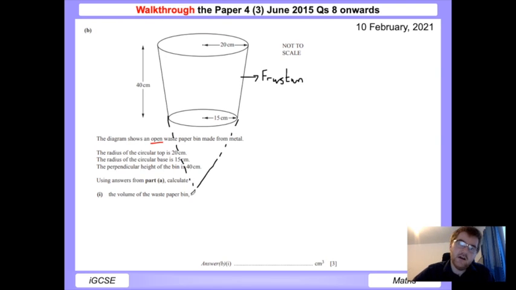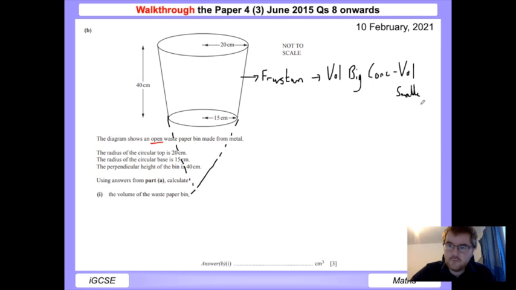So if you take the entire cone, okay, that's the entire shape including this bit. So the way to work out a frustum is to work out the, in this case, volume of the big cone and then minus the volume of the smaller cone.